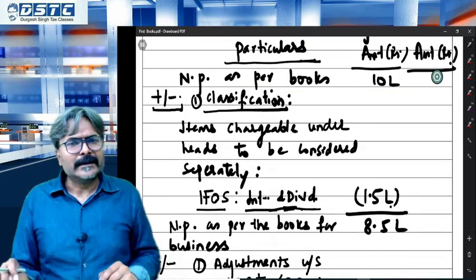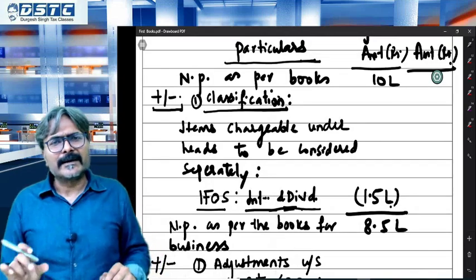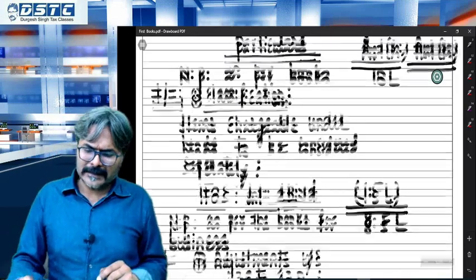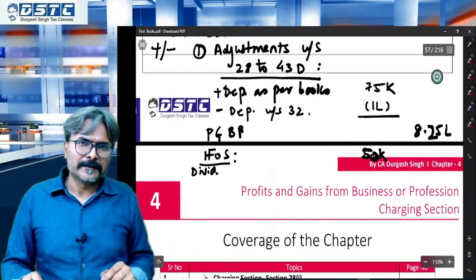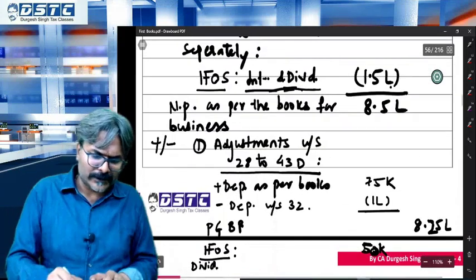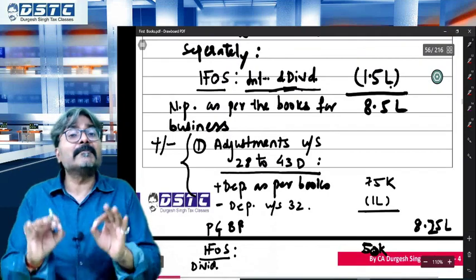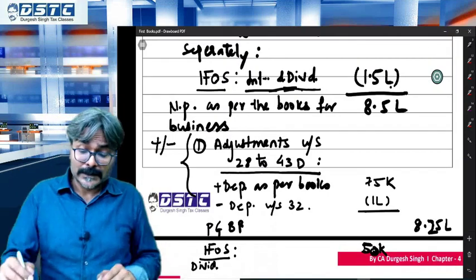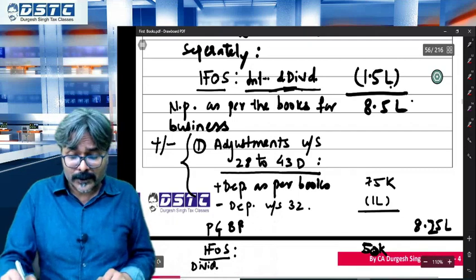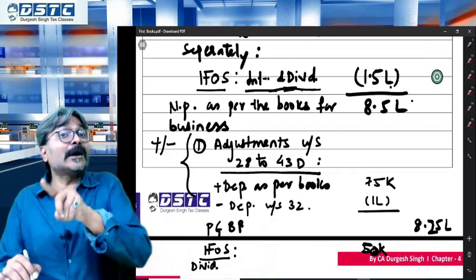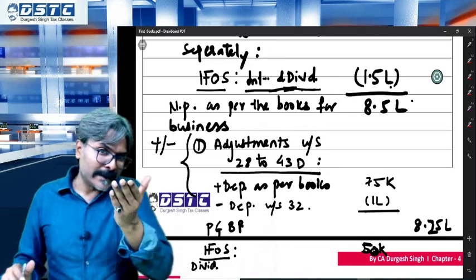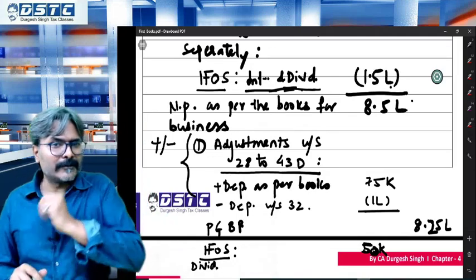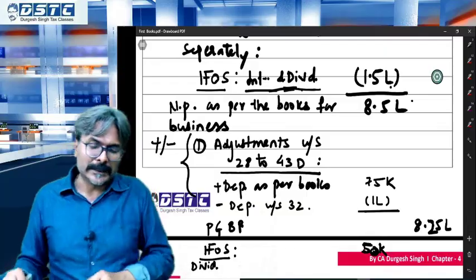Then the balance amount is referred to as the net profit as per the books, and this is how we have proceeded. Then the computation is done in the manner laid down under the Act for that particular head. This is the manner for PGBP, and similar would be the manner for IFOS, and so on.